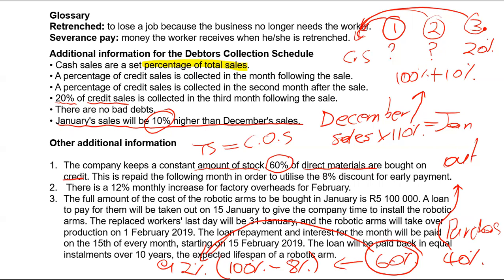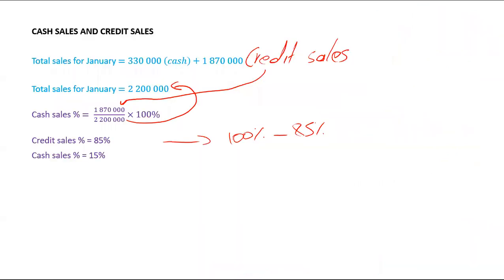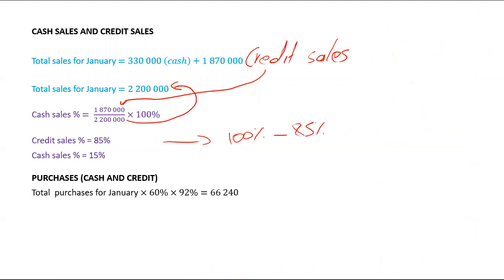I will start here. Cash purchases as well as credit purchases. Remember, they didn't tell us what percentage was. They didn't give us the markup. So we couldn't even calculate the cost of sales amount because we are not given the markup.